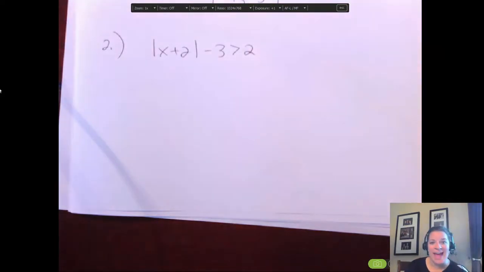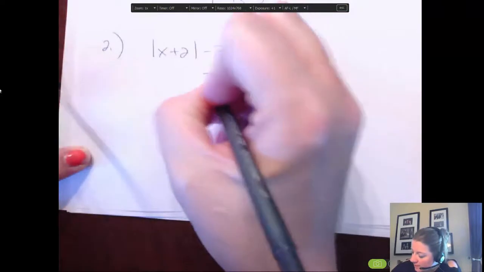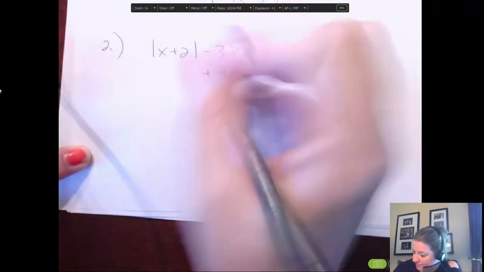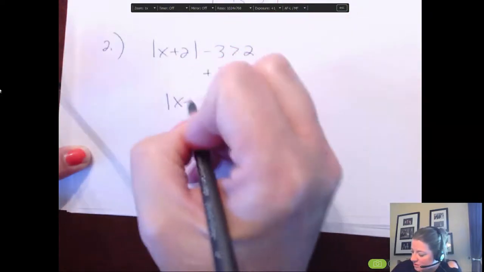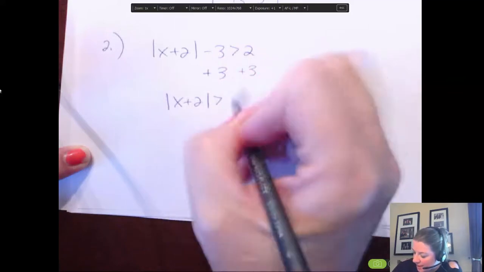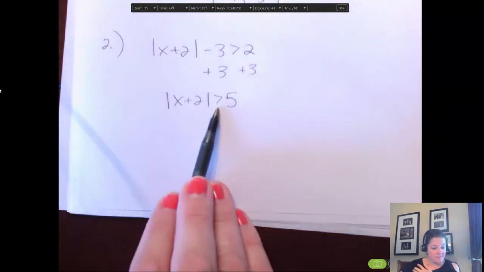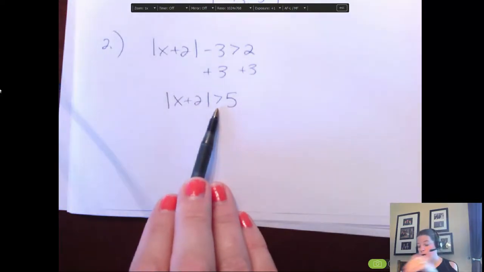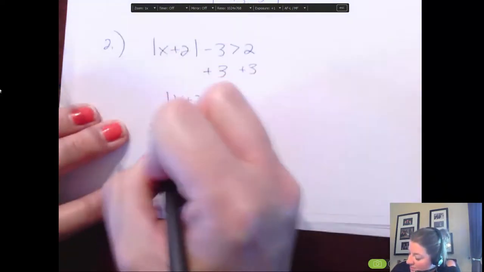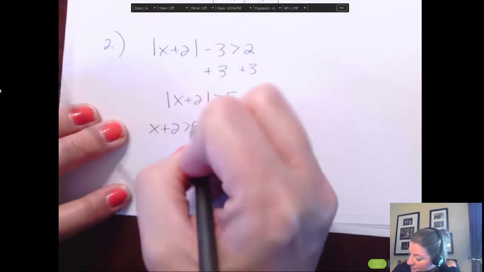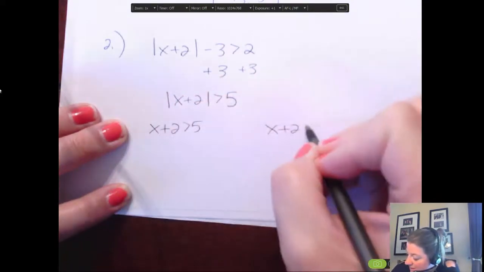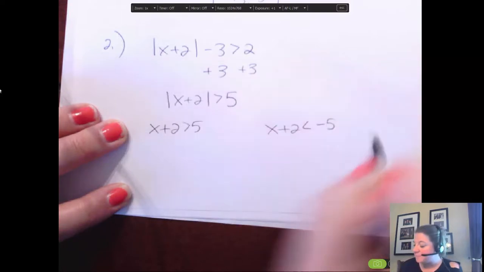So we're going to do that by adding the 3 to both sides. That gives me the absolute value of x plus 2 is greater than 5. Now that it's by itself, if it's greater, then it's an "or" situation. So x plus 2 is greater than 5, or x plus 2 is less than negative 5.